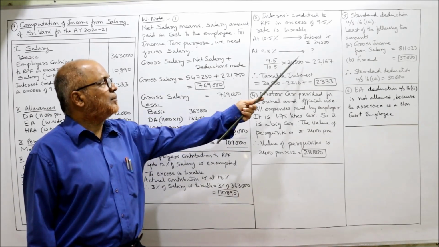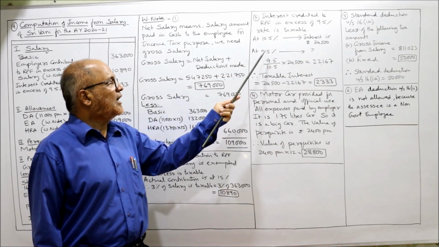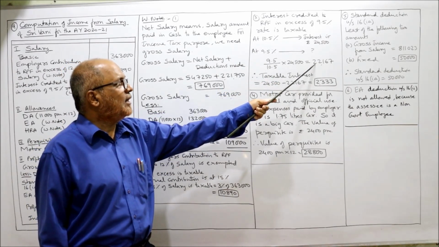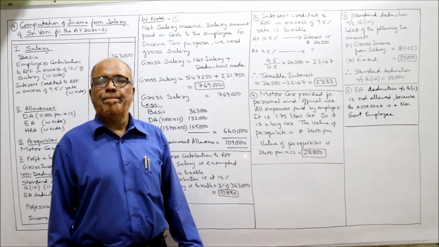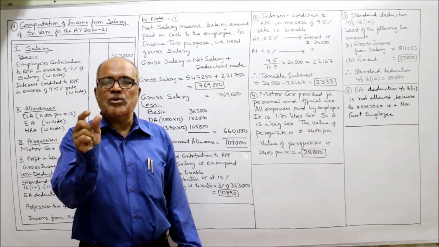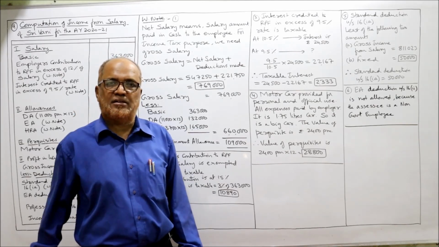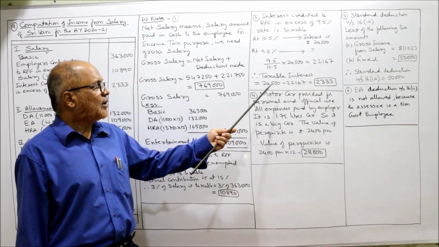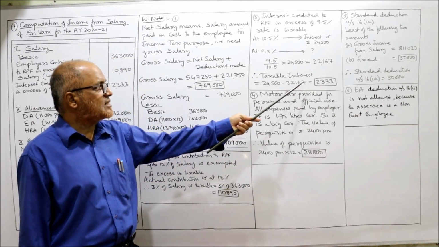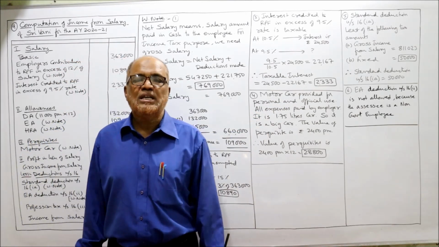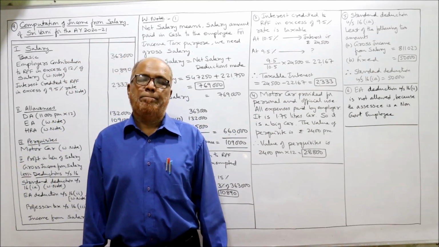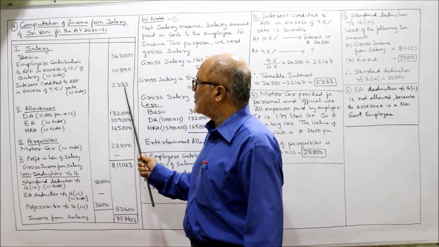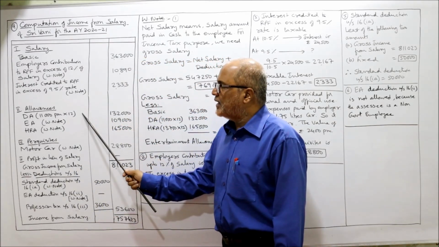At 9.5%, how much? 9.5 divided by 10.5 into 24,500, you will get 22,167. So up to 22,167 is exempted. The remaining is taxable. So taxable interest will be 24,500 minus 22,167, 2,333. This is the amount taxable. Taxable interest, 2,333.